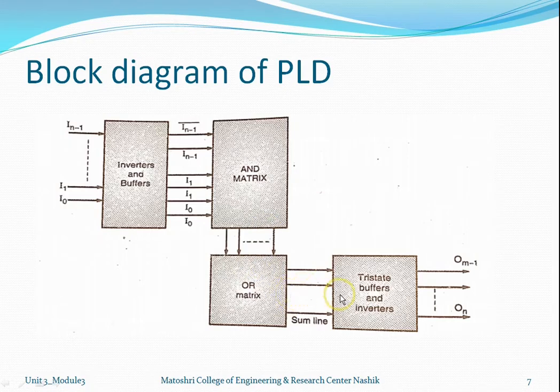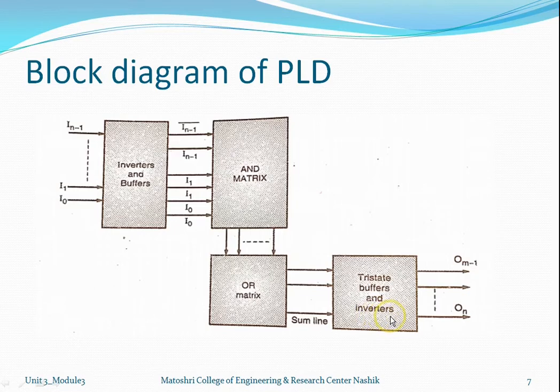And last, the output generated by the OR matrix goes to the tri-state buffers and programmable inverters. In this block, the output variables are available either in complemented or non-complemented form. So it contains programmable buffers and inverters.